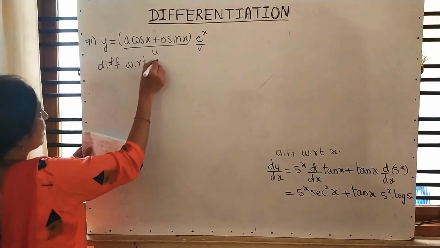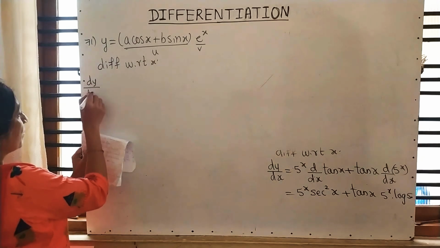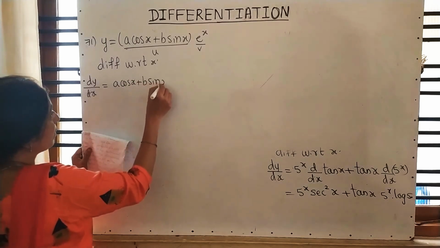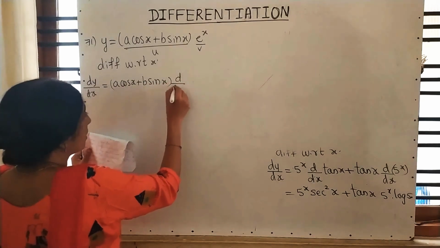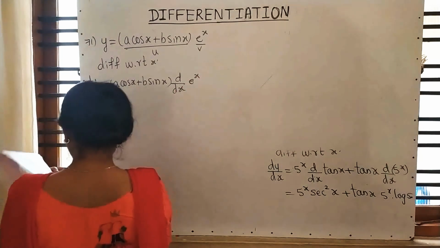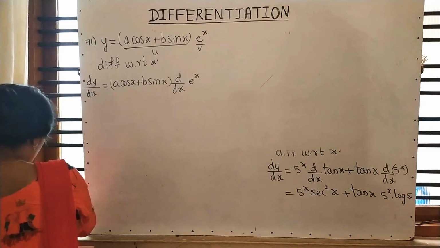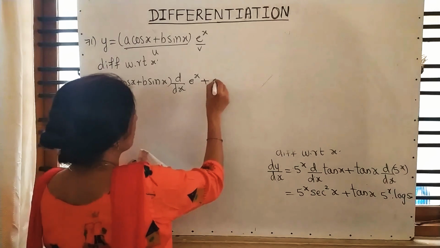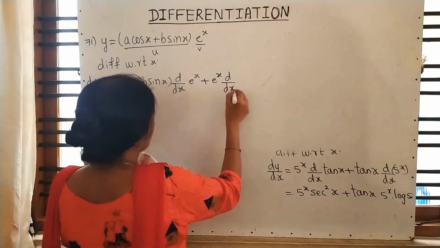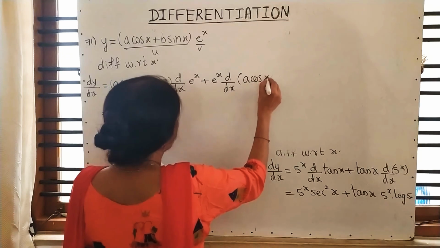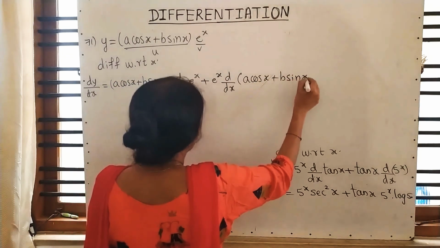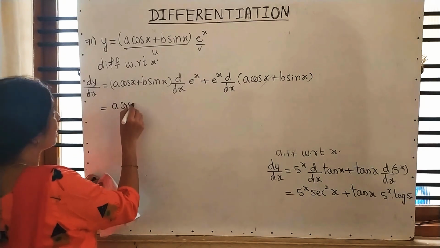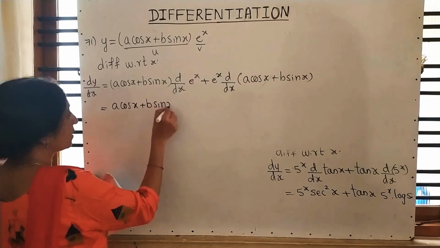Differentiating with respect to x, dy upon dx is a cos x plus b sin x into differentiation of e raised to x, u into v method, plus e raised to x as it is into differentiation of a cos x plus b sin x. So as usual, before differentiation term as it is, a cos x plus b sin x.